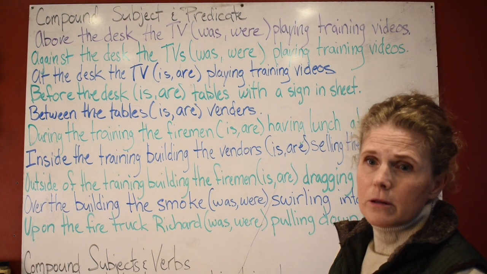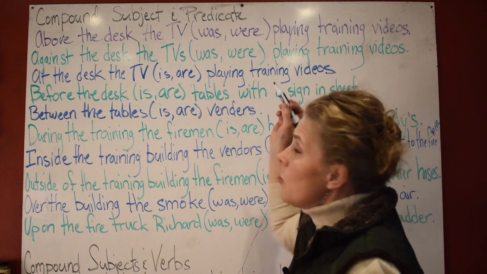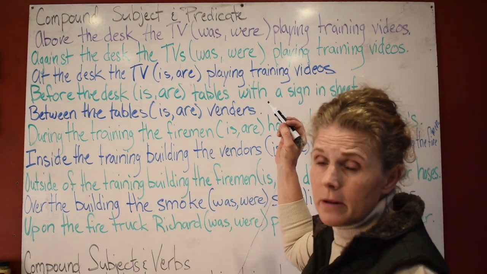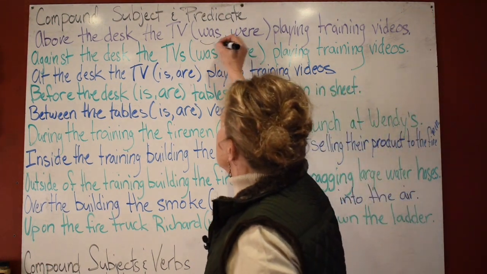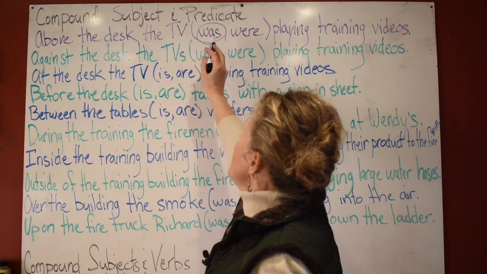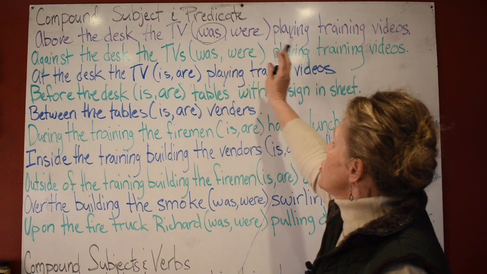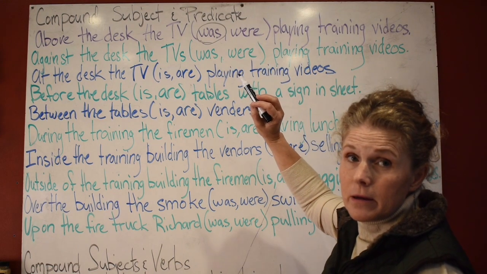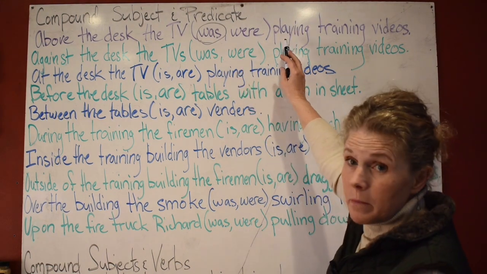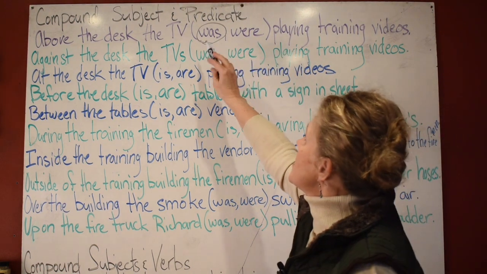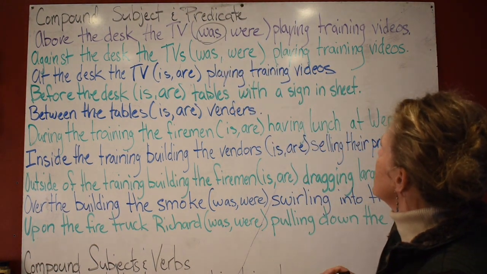It's singular, so which one's the singular verb? Was. So the TV was playing. What tense does this put you in? Past. The past progressive. So this is the past progressive.